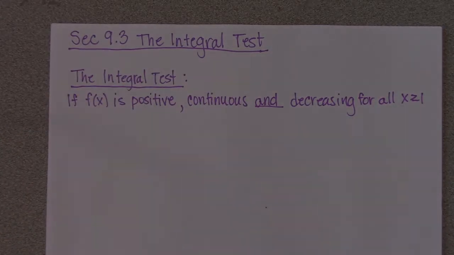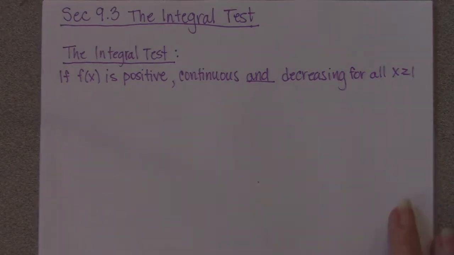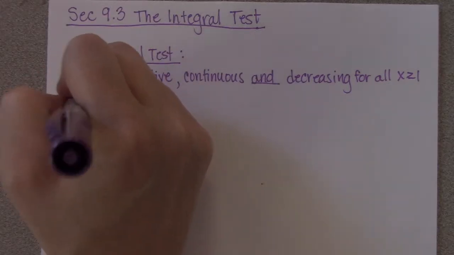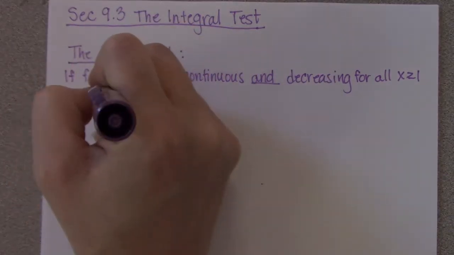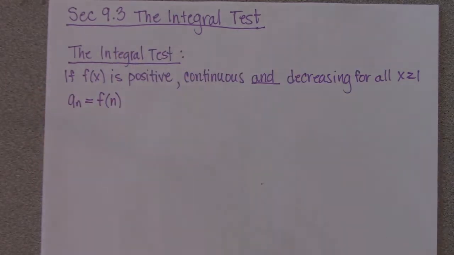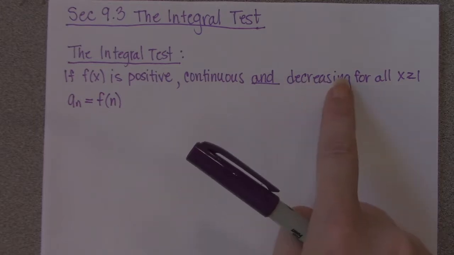You know you can apply this when the equation of the series looks like a function that we could graph that would fit these criteria. So a sub n, the nth term of your series, can be rewritten as a function of n where these conditions are true.